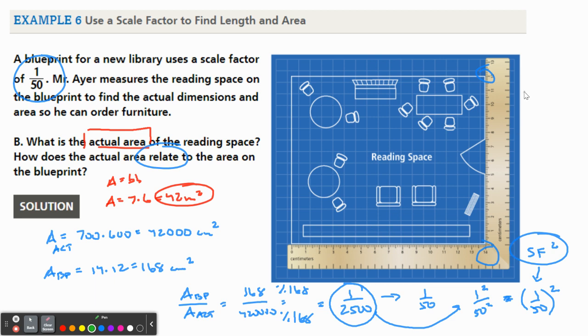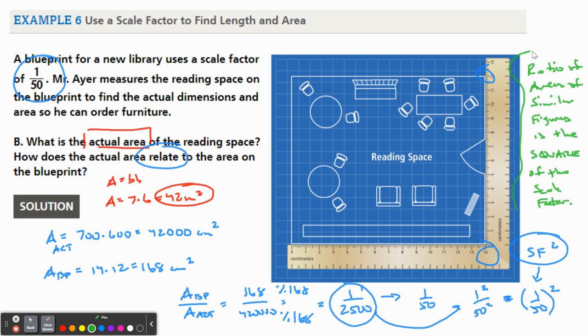You need to know that the ratio of areas of similar figures is the square of the scale factor.